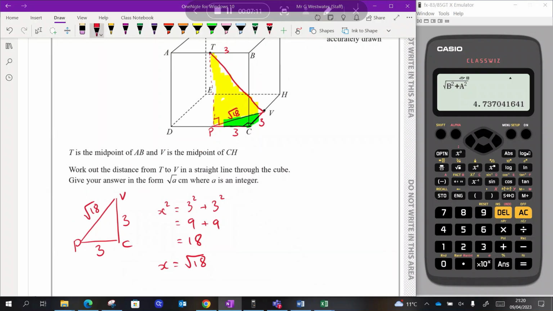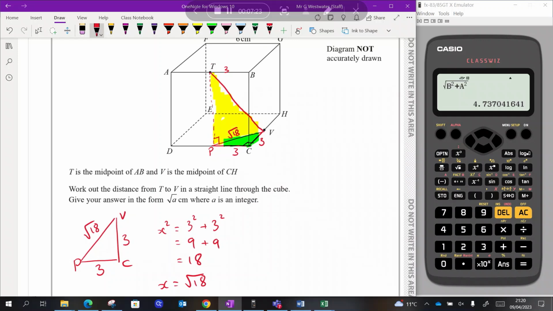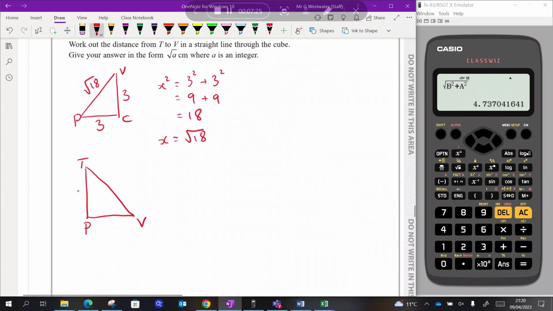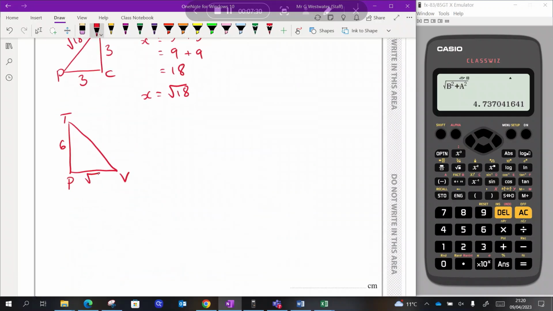I'm now going to think about TPV. So here is T, P, and V. Now I know this height is 6 because it's one of the sides of the cube. PV along the bottom is root 18, and we're asked to work out what, I guess, y is. So 6 squared plus root 18 squared must equal y squared.